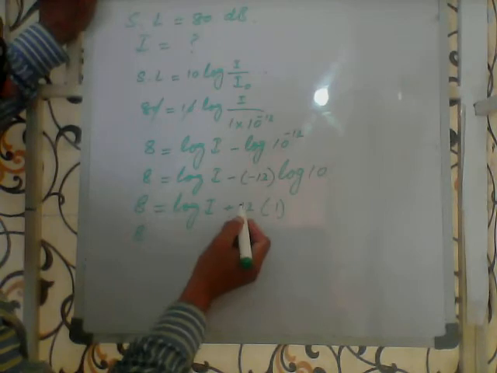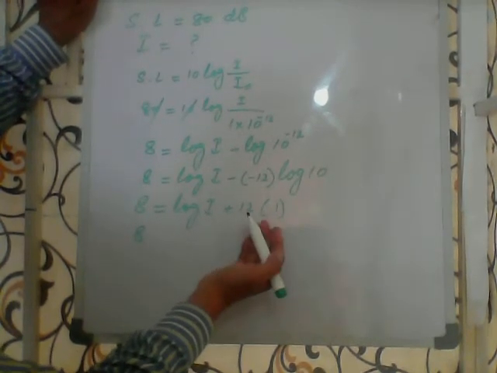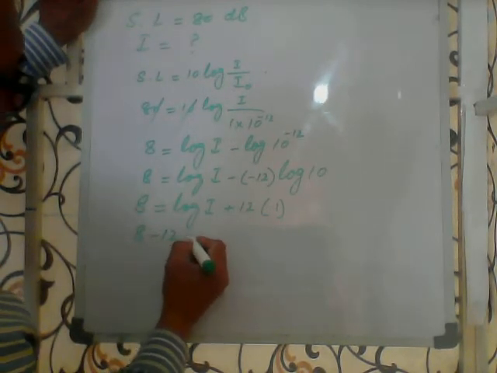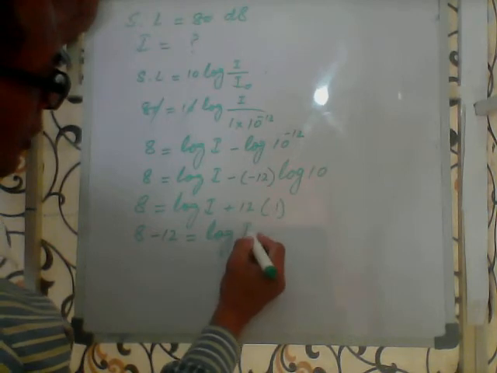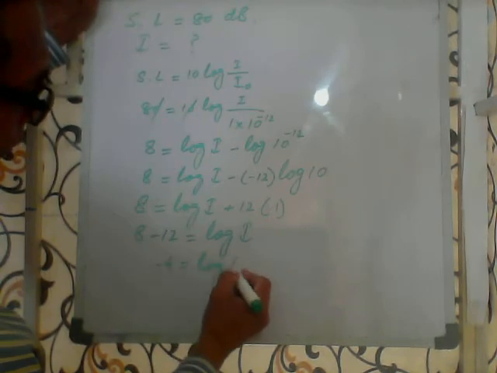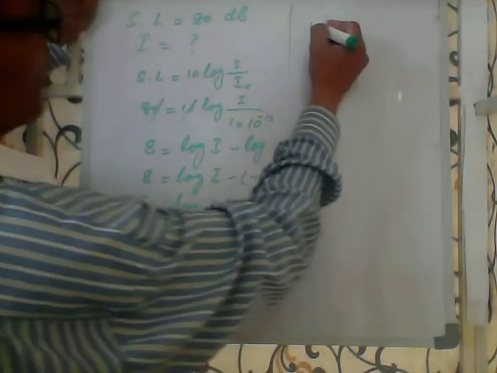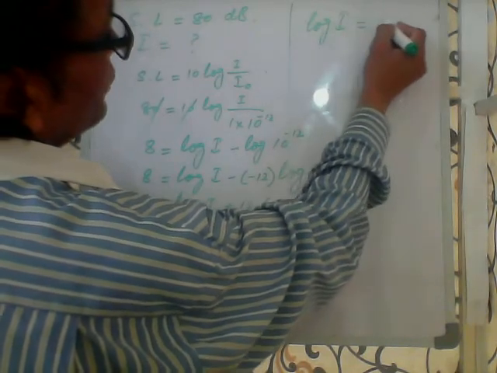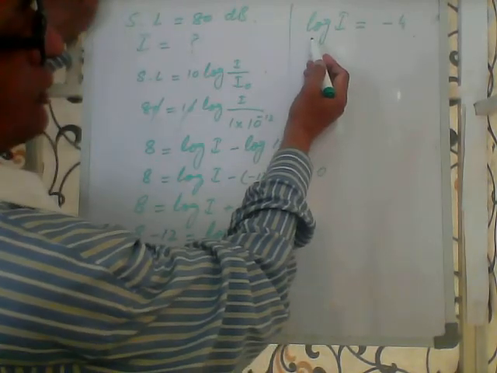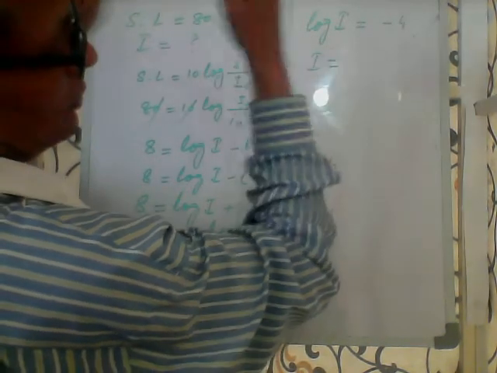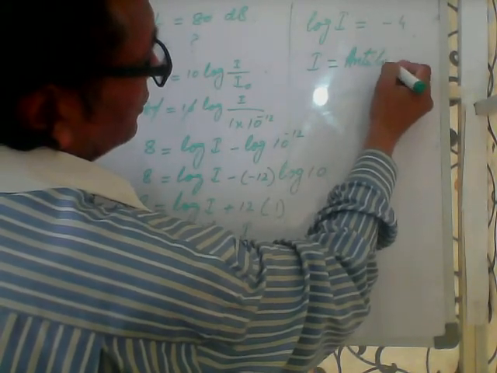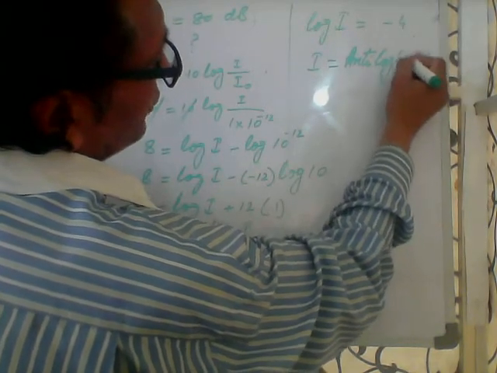So 12 ones are 12, it will be shifted to the left hand side, and we will get 8 minus 12 is equal to log of I, or we get minus 4 is equal to log of I. So we have got log of I is equal to minus 4, or I is equal to, this log will shift, we will move it to the right hand side and it will become anti-log of minus 4.